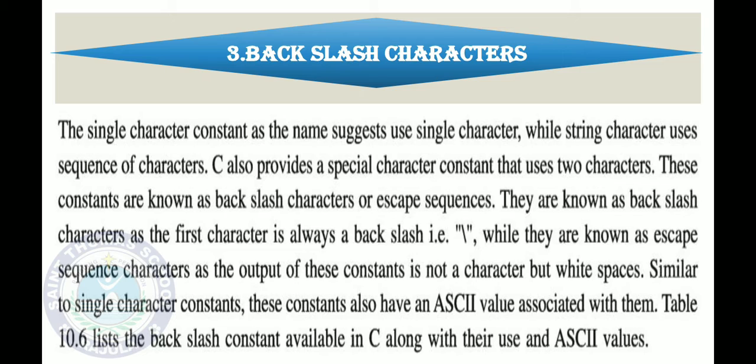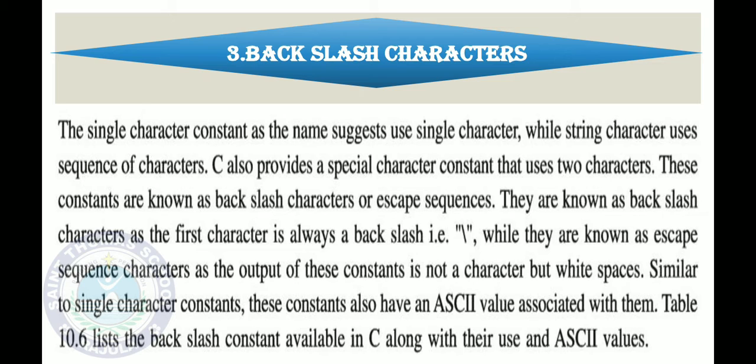White space values means what? With the help of these backslash character constants, you can give the effect of an enter. Means if you want to bring the text to a new line, the enter effect will come; the space effect will come, a single space or multiple spaces; the tab effect will come. So like this, as the output we will get white spaces.